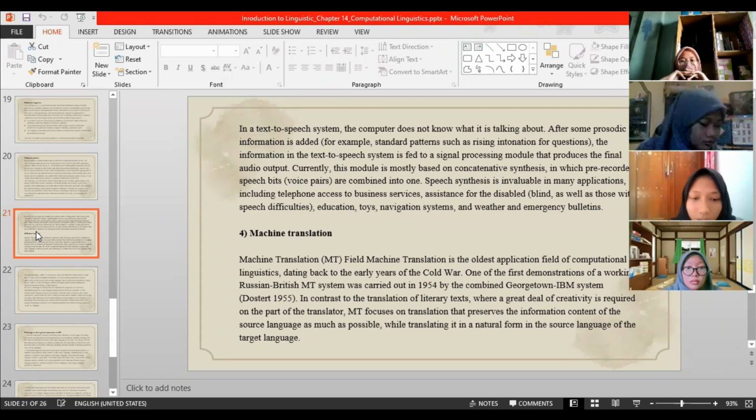In contrast to the translation of literary text, where a great deal of creativity is needed, MT focuses on translation that preserves the information content of the source language as much as possible while translating it in a natural form in the target language.